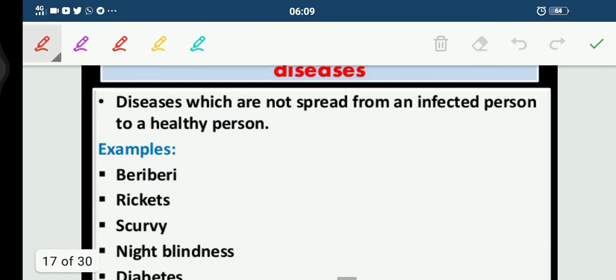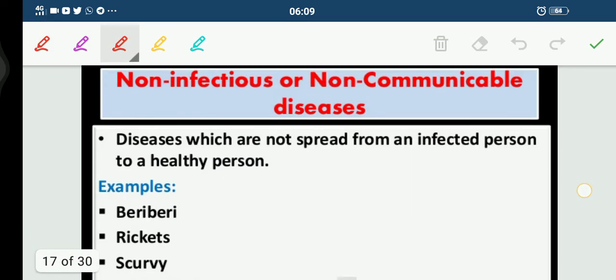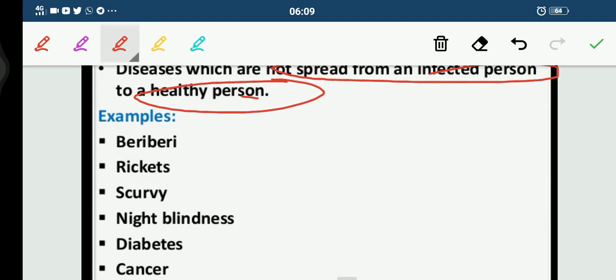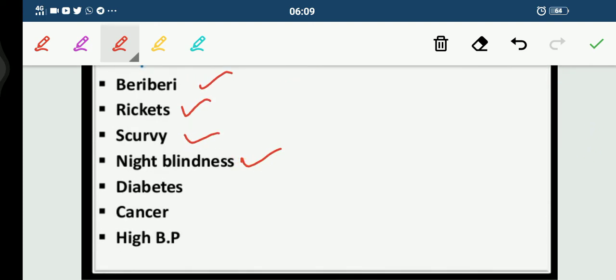Now let's quickly come to the next one, and that is non-infectious or non-communicable diseases. Right? So what are these? Diseases which are not spread from an infected person to a healthy person. For example, we have beriberi, rickets, scurvy, night blindness, diabetes, cancer, high blood pressure.